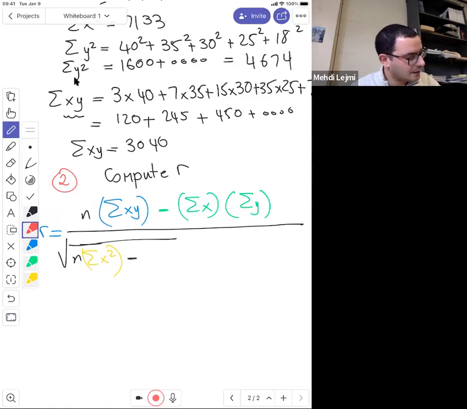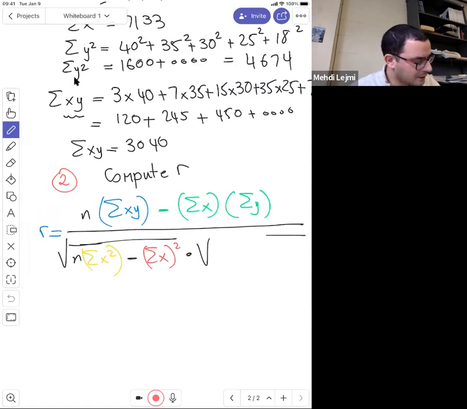So you take the sum of the x's and then you take its square. This is multiplied by the same thing, but instead of x we use y. So we have n times the sum of the y squares, minus the square of the sum of the y's.